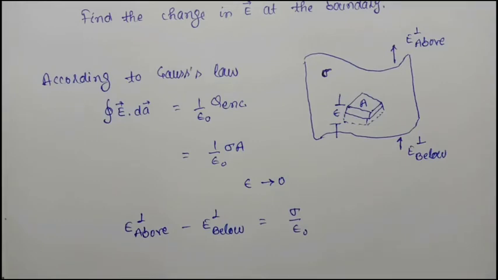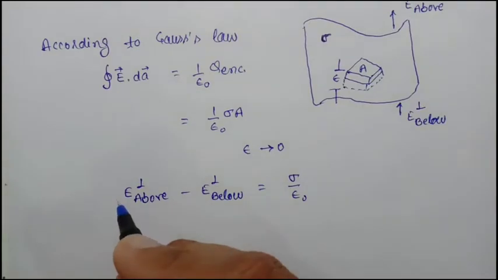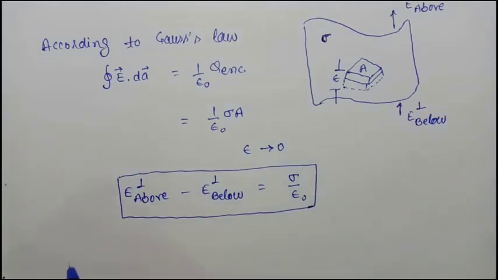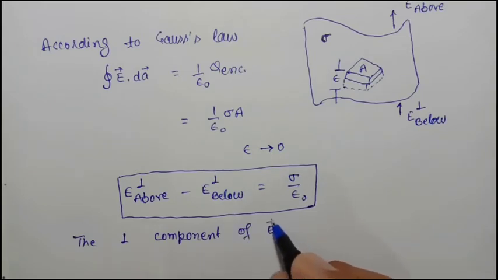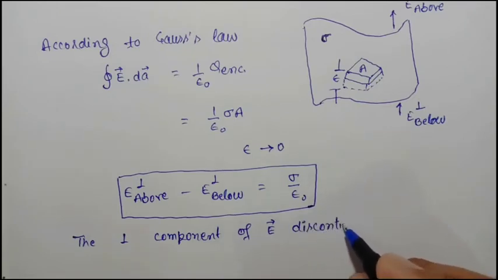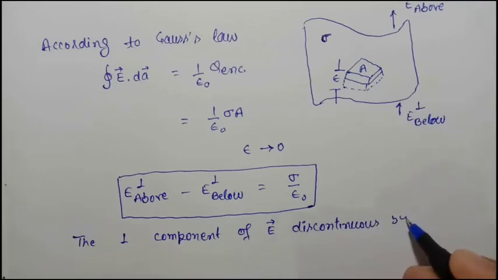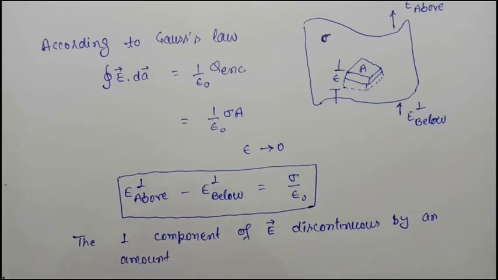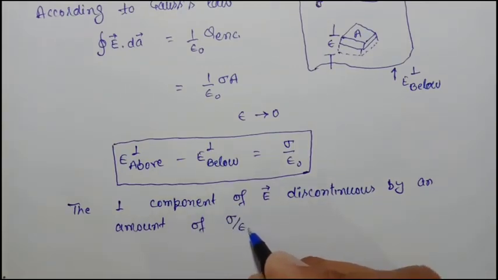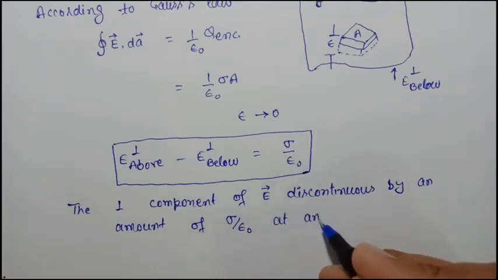Okay, so in this case it means the perpendicular component of electric field is discontinuous by an amount of sigma over epsilon naught at any boundary.